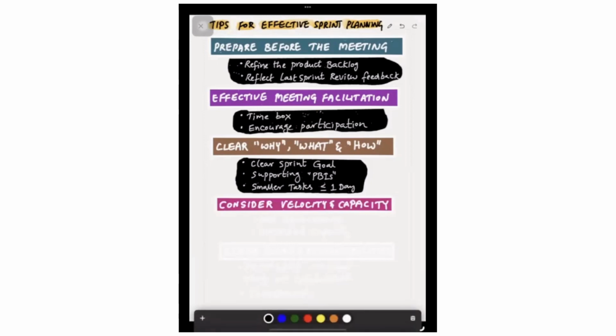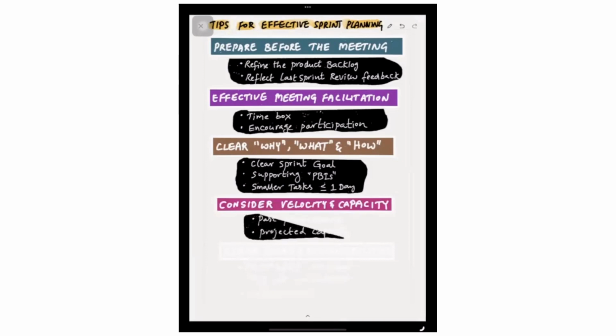But ensure they have some kind of historical information, some kind of supporting knowledge, like past performance, maybe the last one or two sprints of velocity information, and projected capacity: who is going to take personal time off, and who is going to attend some outside sprint work. Maybe there are public holidays, so that the developers can plan how much of the work can be pulled into the sprint backlog.